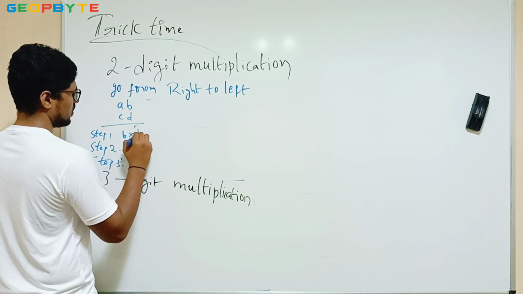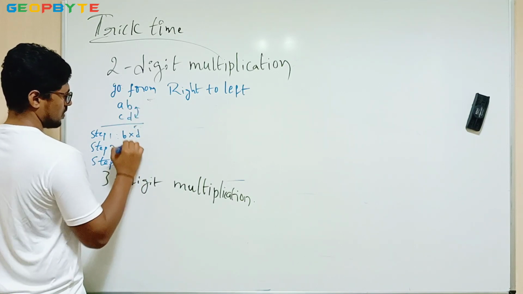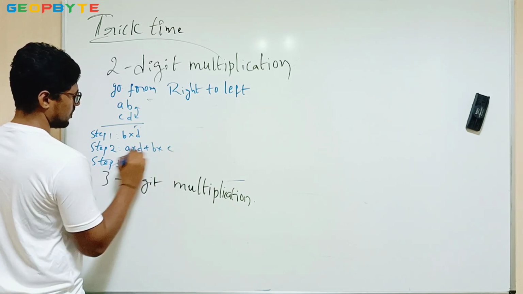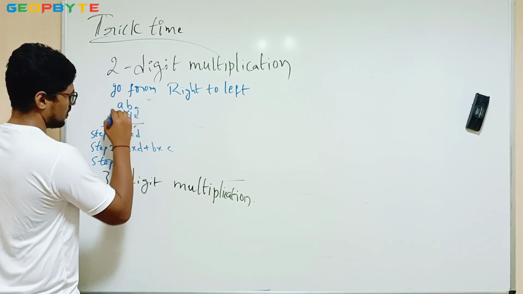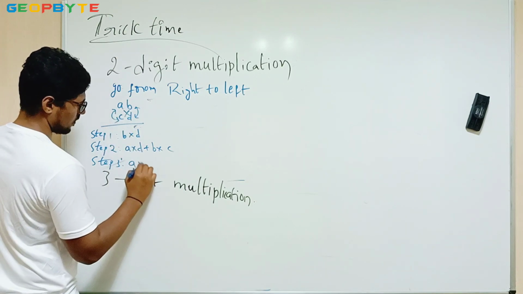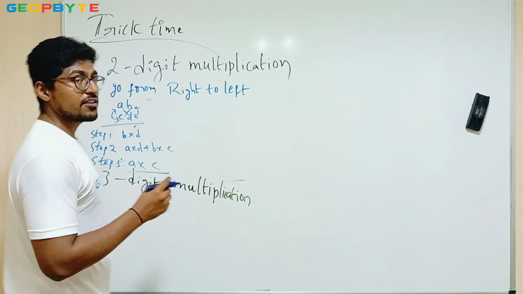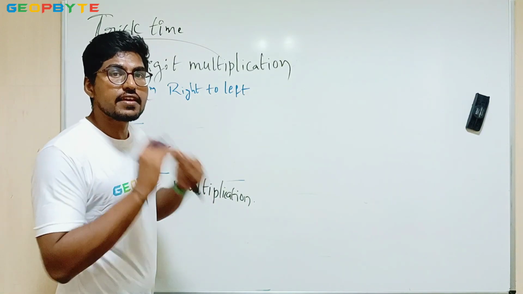B into D, and then A into D plus B into C, and then A into C. So you have to put them, and that should be your final answer, nothing else.